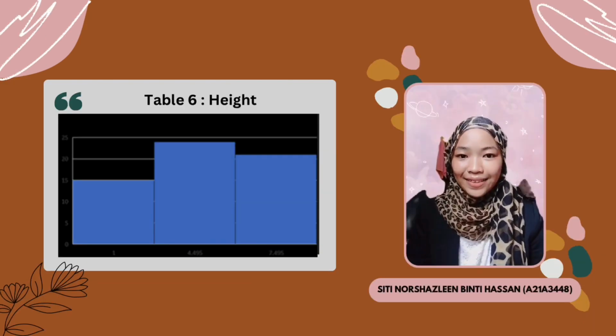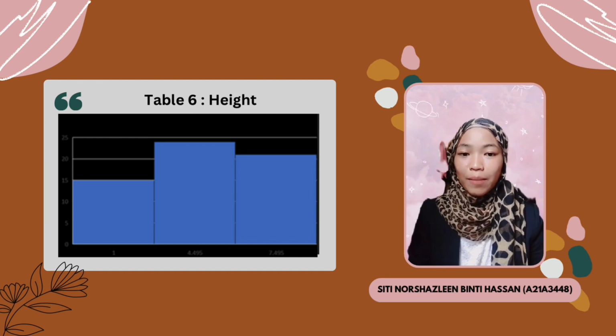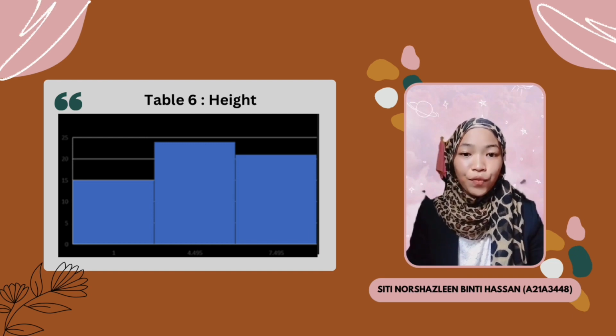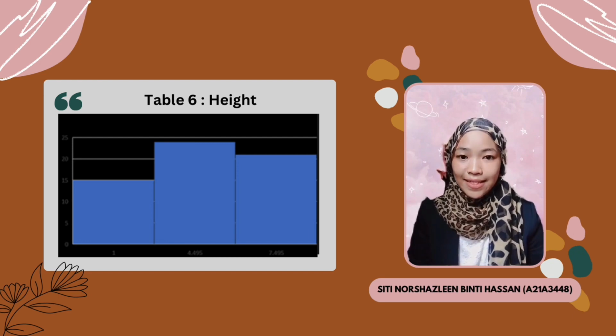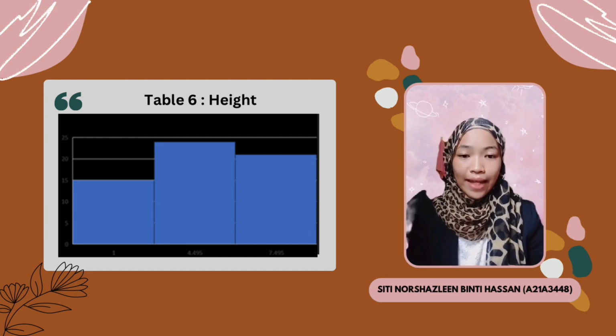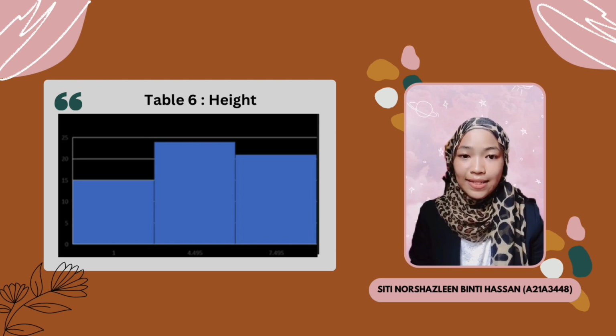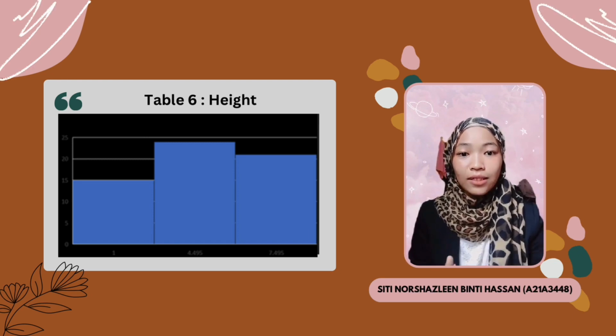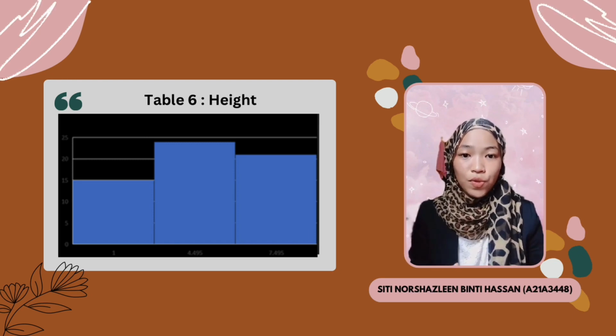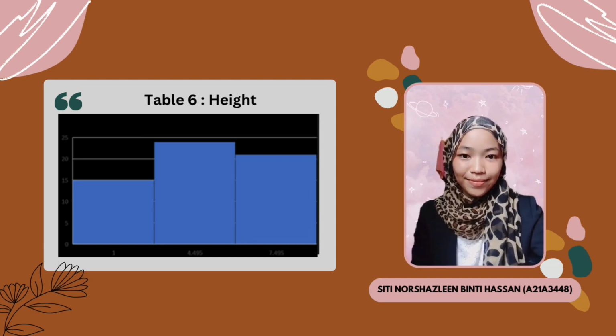Next, for the height, based on table 6, it can be observed the highest is group 0 until 2.99 at 50%. Then 3 until 5.99 shows 24%. And the last, 6 until 8.99, shows 21%.